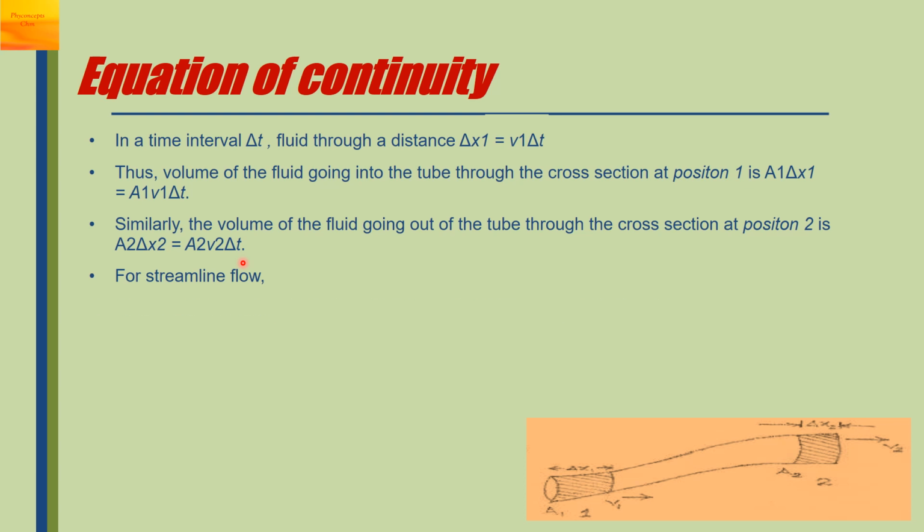Now for a streamline flow, the mass of the fluid crossing the cross section area A1 in time delta t will be equal to the mass of fluid crossing the cross section area A2 in time delta t. So the mass that is flowing through this part will be the same as the mass flowing through this part.